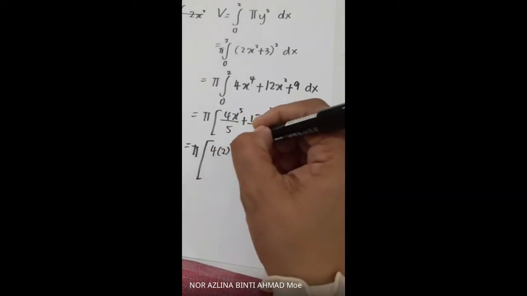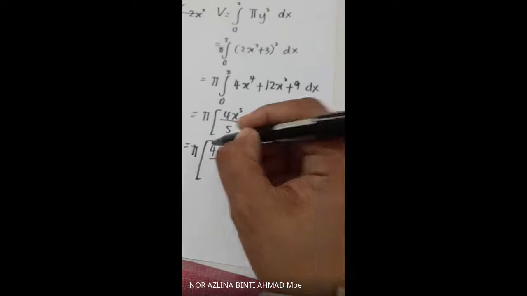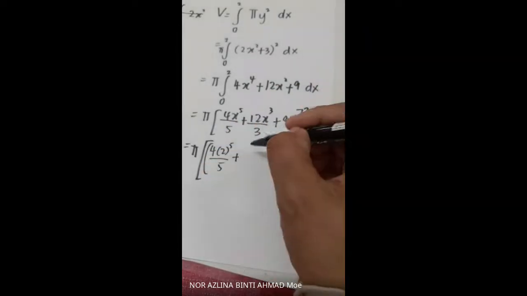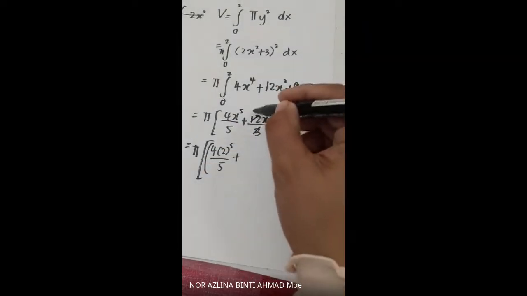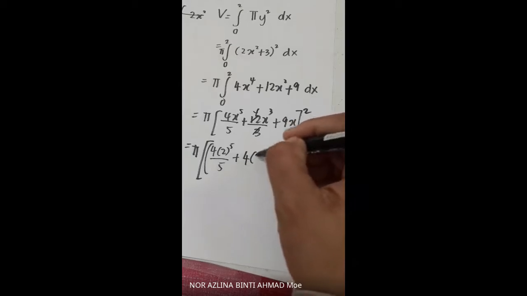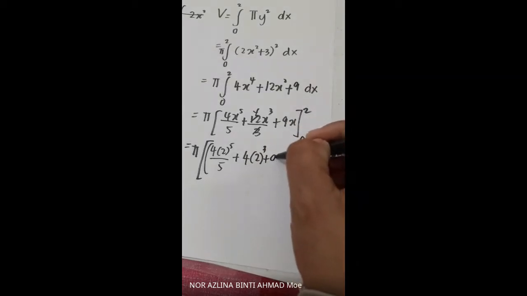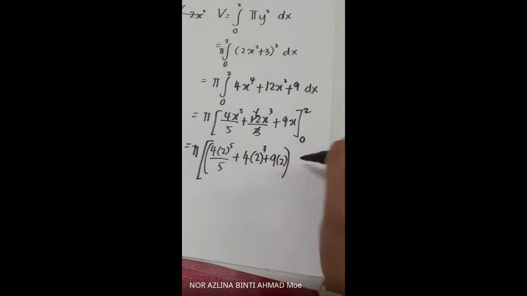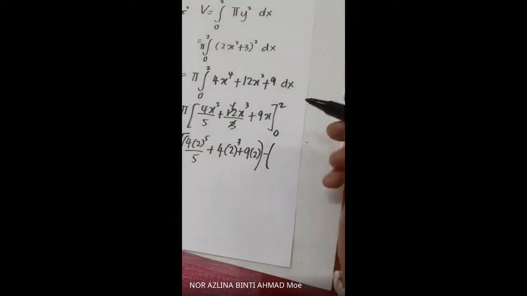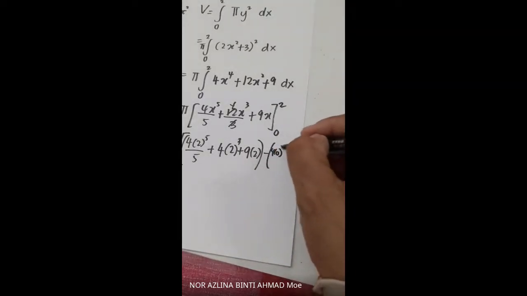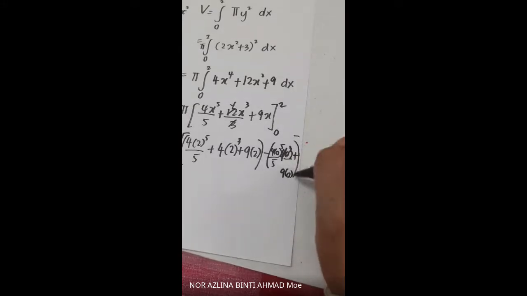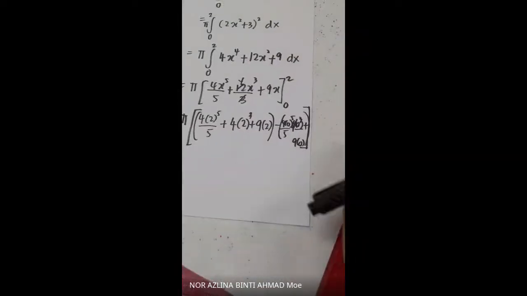4, 2 power of 5 over 5 plus, this is when you substitute x with 2. And here you can simplify 4x is 2 power of 3 plus 9 multiply 2. Okay, minus, this is when you substitute 0: 4 times 0 to the power of 5 over 5 plus 4 times 0 cubed plus 9 multiply 0. Okay, ni kosong.